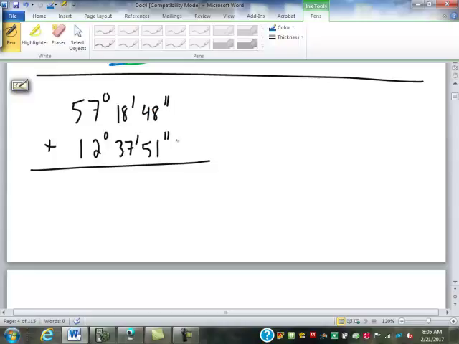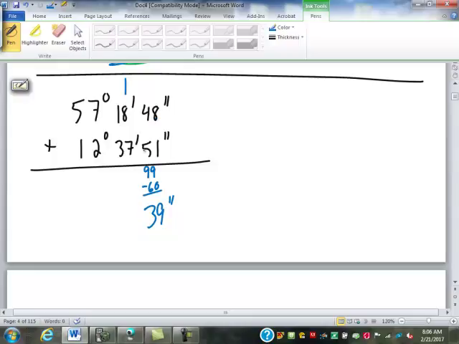So 48 plus 51 is 99. So I'm over 60. So when I carry 1 up here into the minutes, what do I take away from the 99? 60 is what I take out. So it leaves me with 39 seconds here. I'm going to pause. Everybody see any questions where that 39 came from? I added the 48 and 51.